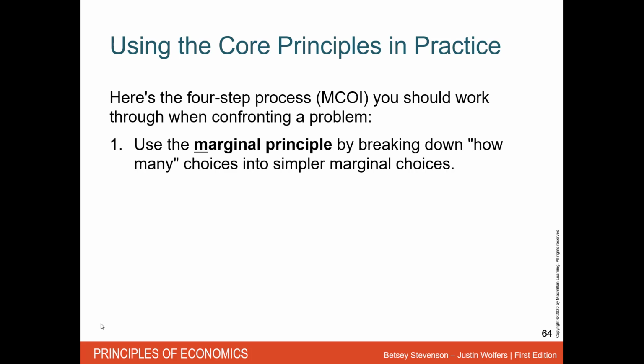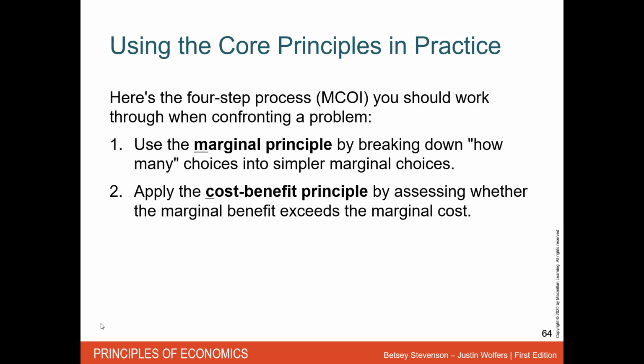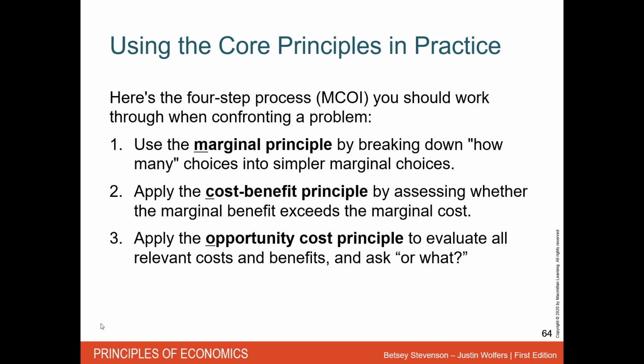For example, instead of deciding how much coffee to buy, you will decide whether to buy an extra cup of coffee. Second, use the cost-benefit principle to decide whether to buy that extra cup of coffee by comparing its marginal benefit with its marginal cost. Third, compare what else you could do with the money you were going to use to buy coffee. Maybe you could buy a bagel or a smoothie. That's the opportunity cost principle.